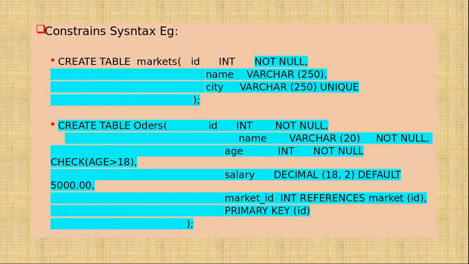Okay, now it's time to do this practically. I will create two tables that include the main constraints. Okay, now we can move to our terminal.